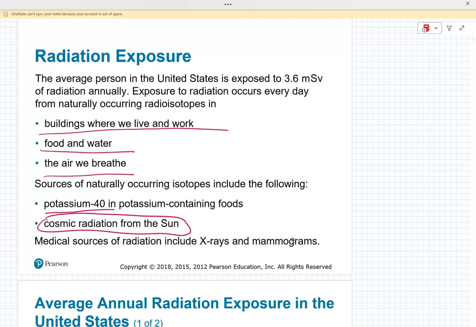And have you heard about radon, the gas? Radon is emitted by concrete. Concrete contains a fair amount of an element called thorium, number 90.